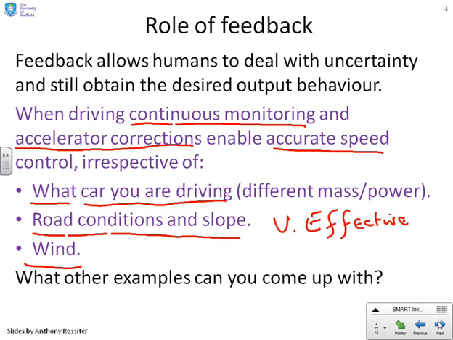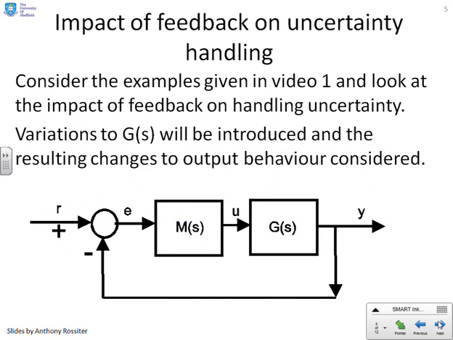Okay, now you can come up with a number of other examples which we won't do here to save time. So hopefully you're reasonably well convinced that this concept of feedback is what we need to deal with uncertainty. And we've also shown you that an automated way of doing this would be to represent it using a block diagram a bit like the one you've got here. So you've got a feedback path from the output.